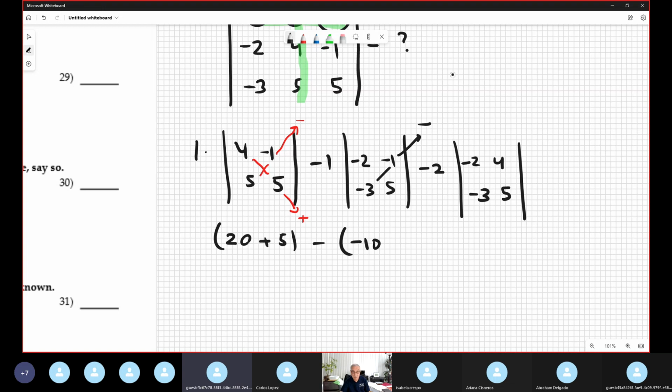It's -3. -2, we have -10 and positive 12. Okay, this is 25. This is 13 positive because it's negative, and another negative in the front becomes positive.